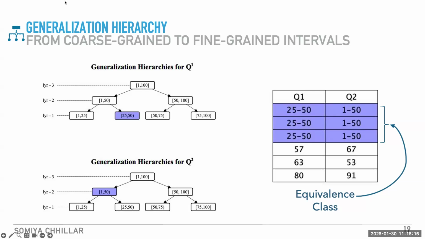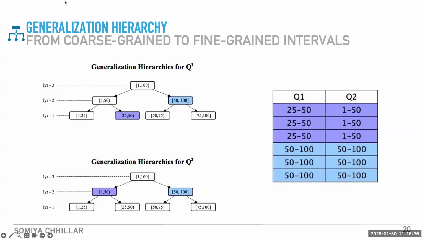What happens after we've generalized these three records is that they look identical to each other. And there's no way of distinguishing them, like telling them apart from each other. And so this group of indistinguishable records is called an equivalence class. And we can do the same for the bottom three records, and they form an equivalence class too.